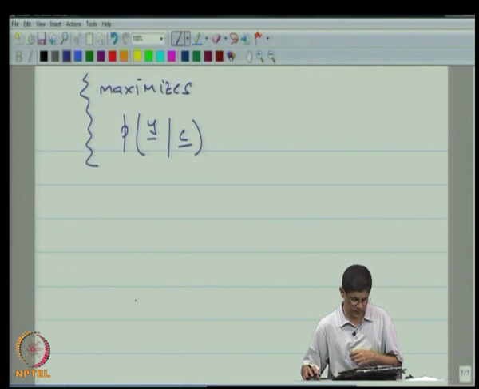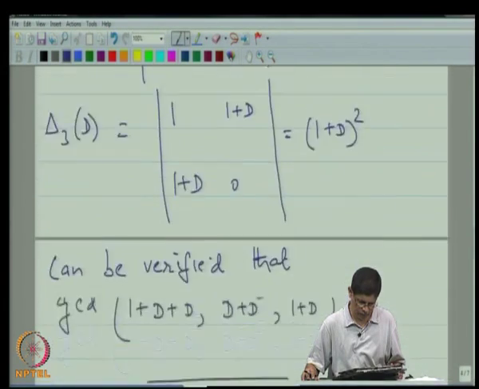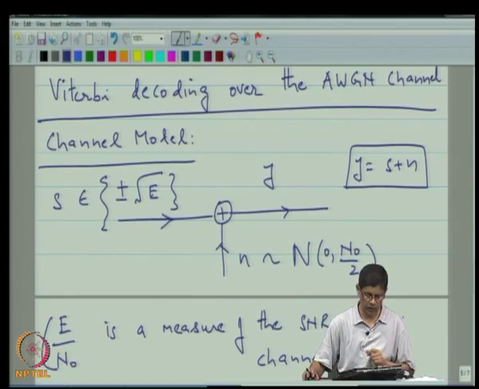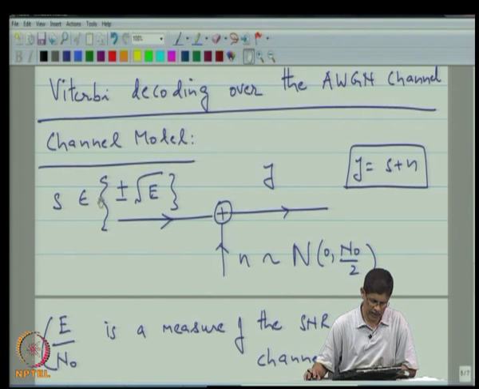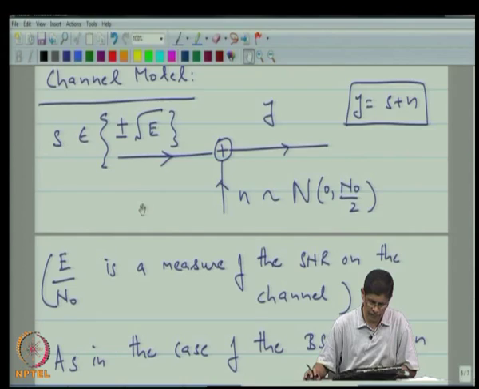Now just one comment over here. When I wrote down the channel model here, I put down as input S, which is plus or minus, but our code has always been 0 or 1. So how do we make the connection?